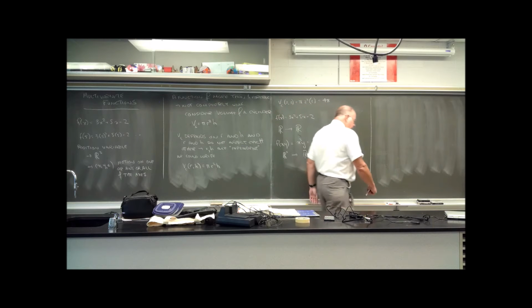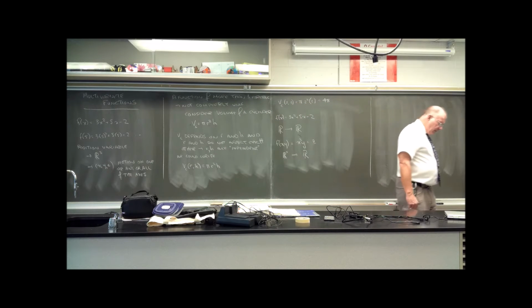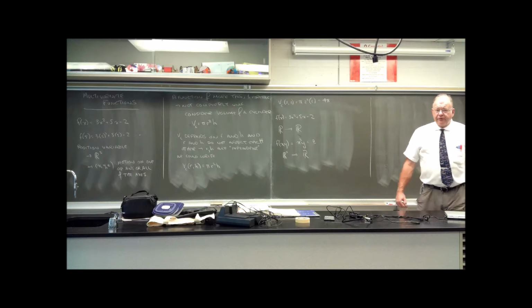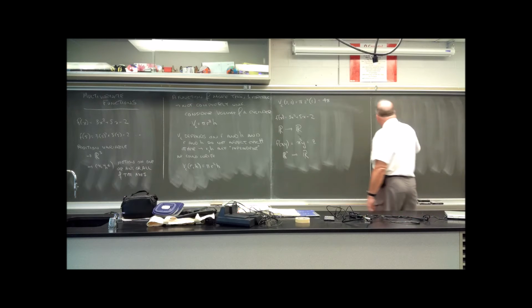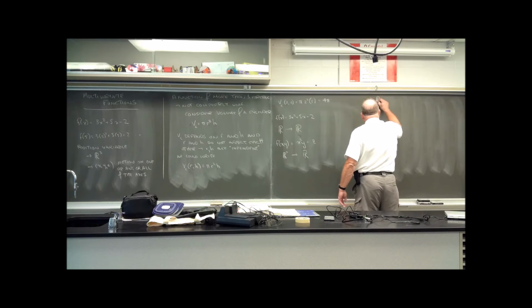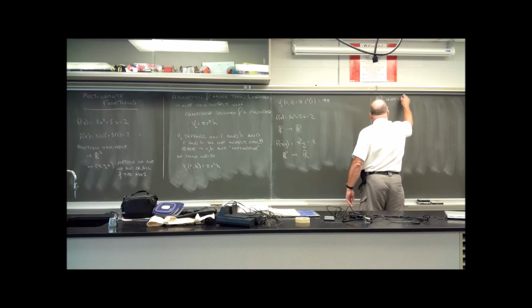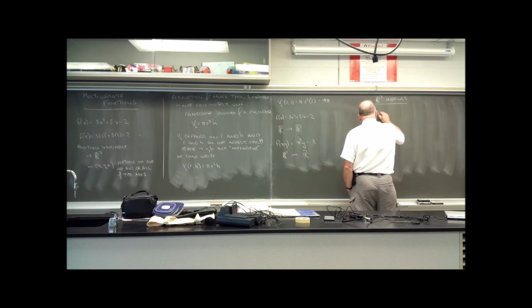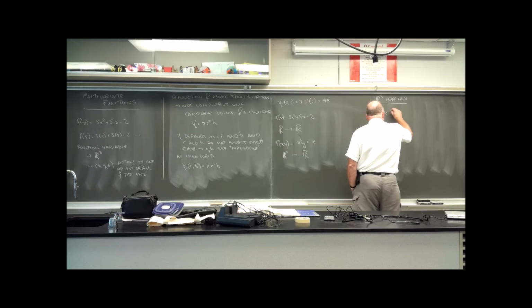We're going to do most of these for our calculations this year in R3. So let's look at what happens in these mappings in R3. What are the possible ones that can happen? So we can have a mapping of R to R3.